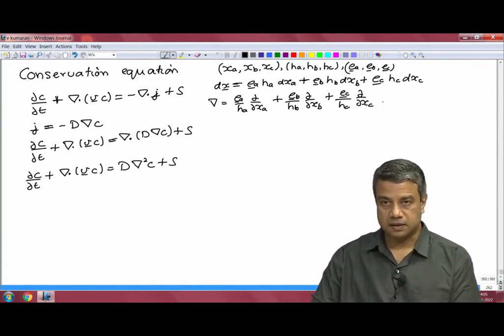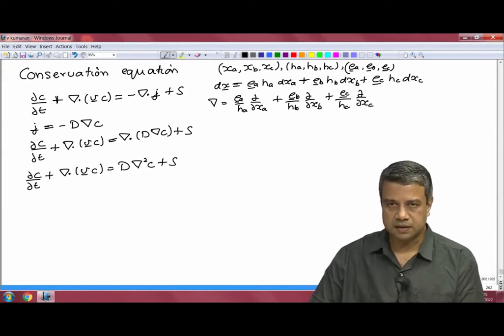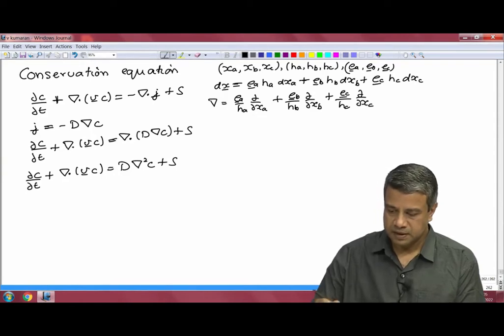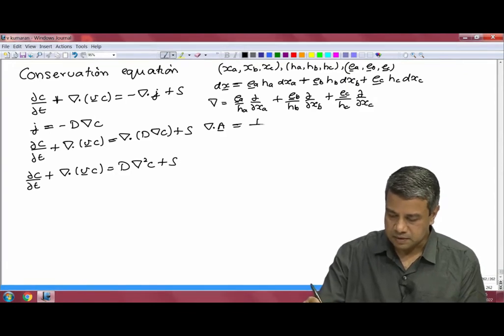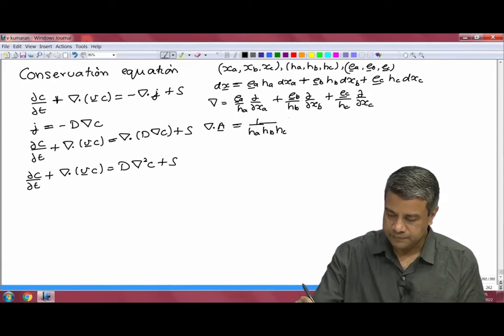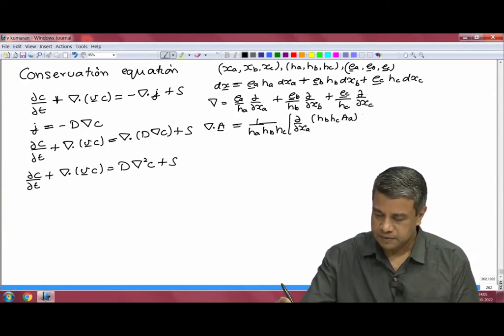That is the gradient operator that acts on a scalar such as a concentration field. The divergence operator, if you recall, del dot some vector A, can be written as 1 by h_a h_b h_c into partial by partial x_a of h_b h_c A_a, and so on.